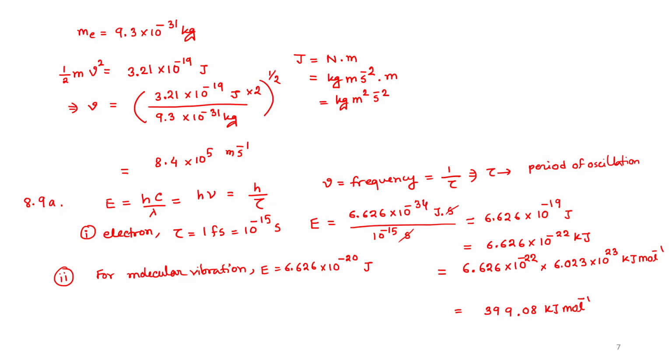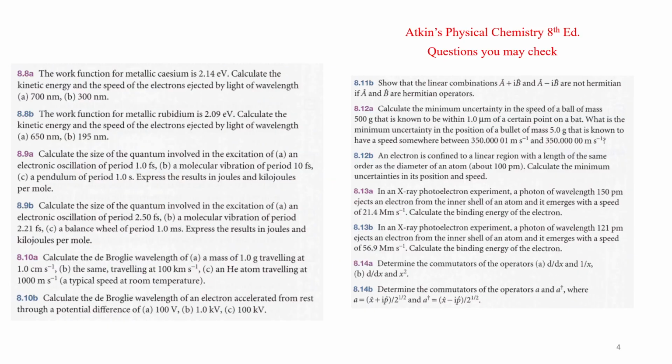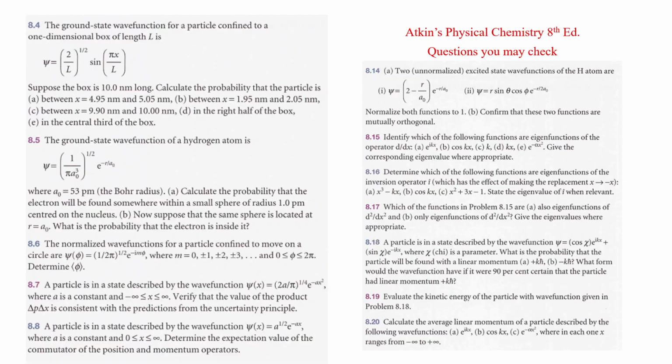So let us do that. 8.10a. We just write the formula again: the de Broglie wavelength lambda is h by p, or h by mv. Right. So now what is given? Calculate the wavelength of a mass of 1 gram traveling at 1 centimeter per second.